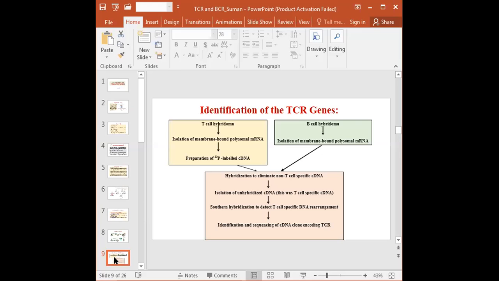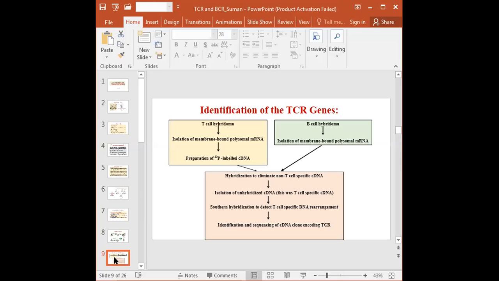The biggest hurdle in this study was the low expression of mRNA encoding the TCR. So Davis and Hedrick hypothesized that mRNAs encoding TCR must be found on membrane-bound polysomes.